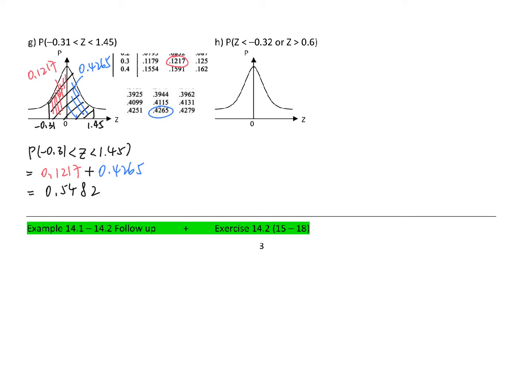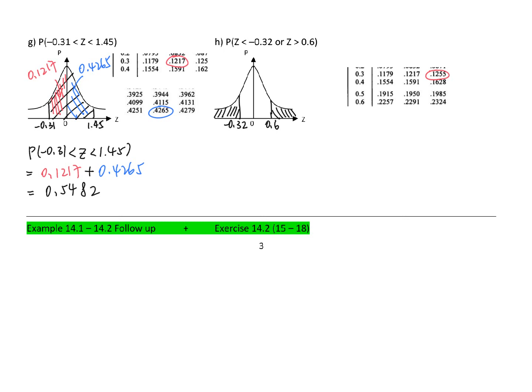Okay, and then the last question in this video. Negative 0.32 and also 0.6. So the question is asking you z smaller than, which means this part, or z is larger than, that means this part. So if you check the table, 0.32, you will get 0.1255, so would be this number.